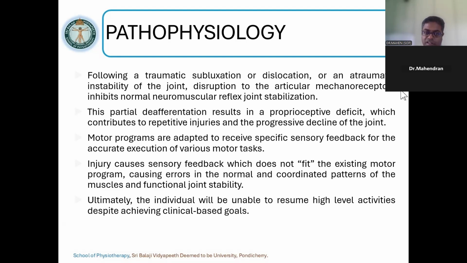This partial deformation results in proprioceptive deficit, which contributes to repetitive injuries and progressive decline of the joint. So, if this neural pathway is deficient, what happens? It leads to further or repetitive injuries. We also call it recurrence. By using the RNT technique, we are not only restoring the dynamic stability and fine motor control, we are also preventing the recurrence of injury.